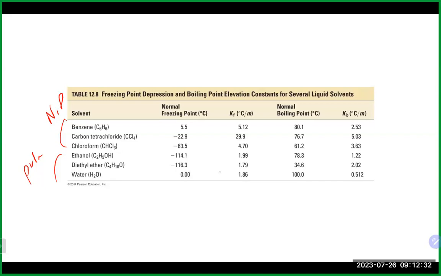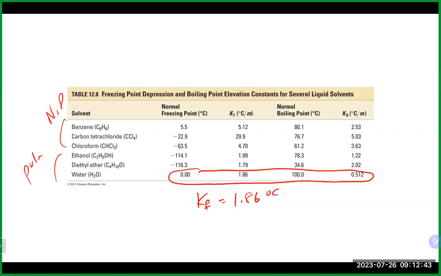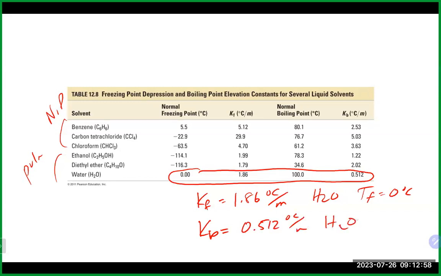I would say we use water a lot, so these numbers you will see a lot in these calculations. Our Kf is 1.86 degrees Celsius over molality for water, with a normal freezing point of 0 degrees Celsius, and our Kb for water is 0.512 degrees Celsius per molality, with a normal boiling point of 100 degrees Celsius.